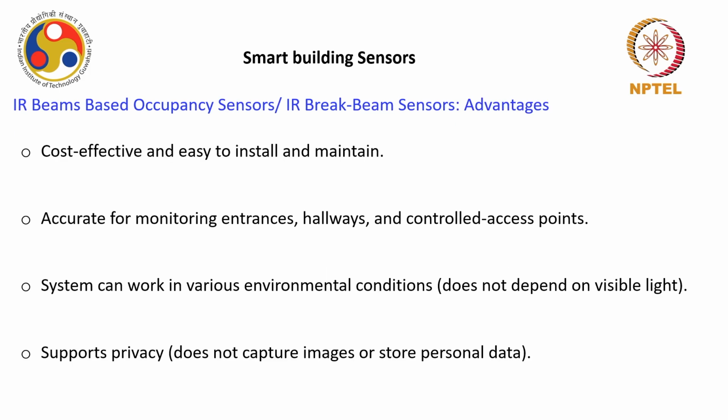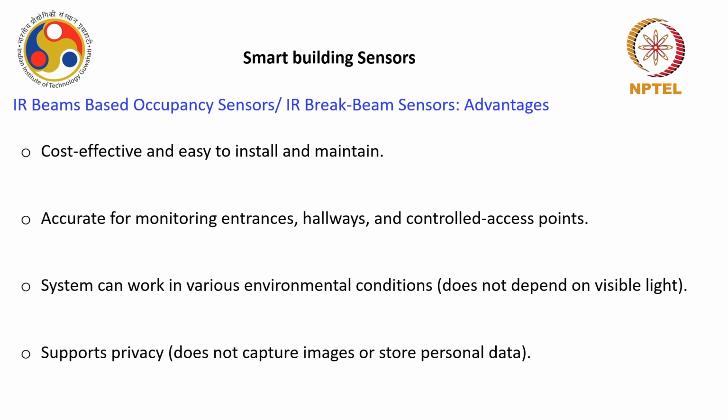The advantage of these IR break beam sensors is that they are cost effective and easy to install and maintain. If you see the system, it carries only a transmitter of IR light and a receiver of IR light, and what you are measuring is the events when this beam is broken. They are accurate for monitoring entrances, hallways and controlled access points.